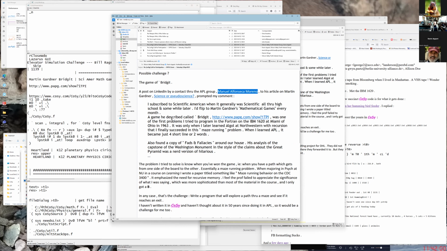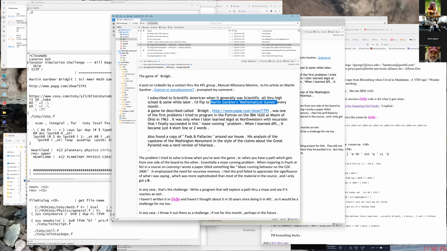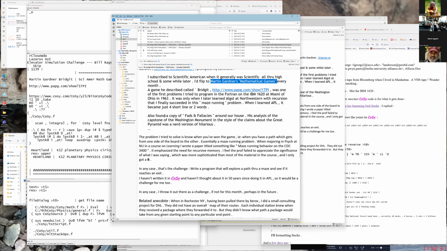But I subscribed to Scientific American when I was in high school, and Martin Gardner's mathematical games. Are any of you familiar with Gardner and mathematical games? I mean, that was definitely a great old series. And Gardner, well, his book, Fads and Fallacies in the Name of Science, was a rather famous book. But he described a game named Bridgit.